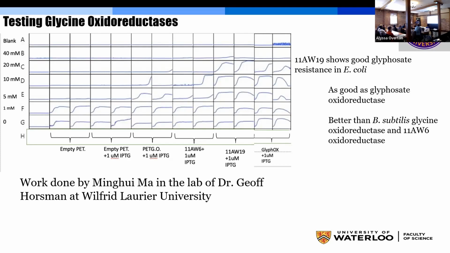And in fact, they also compared this to glyphosate oxidase, which is one of the genes that's been engineered to break down glyphosate, with potential for industrial uses, to create resistant organisms. And we found that actually it grows as good or better than this engineered glyphosate oxidoreductase.